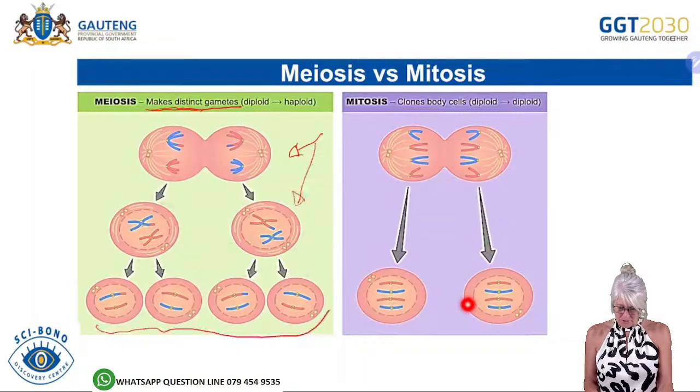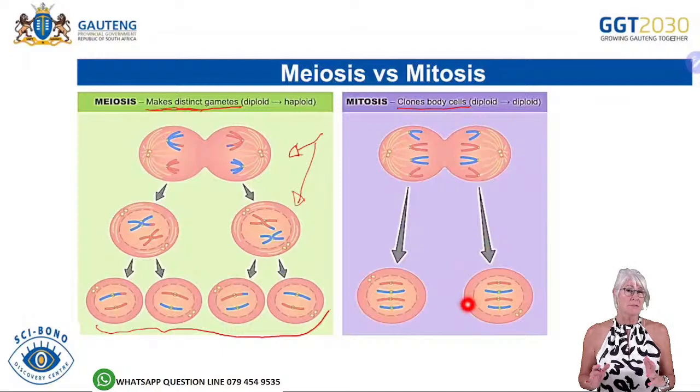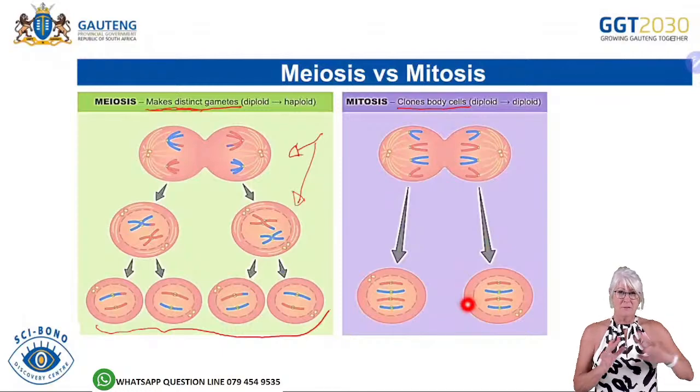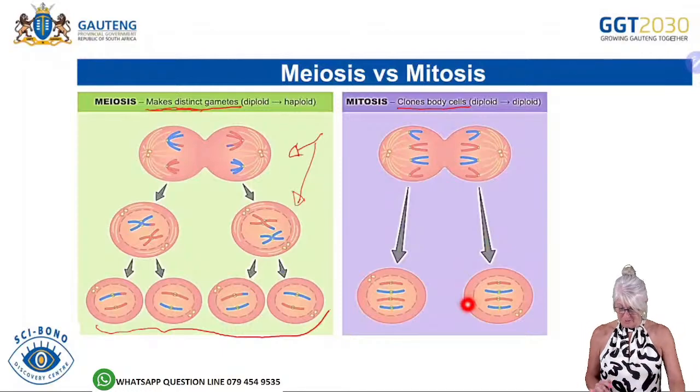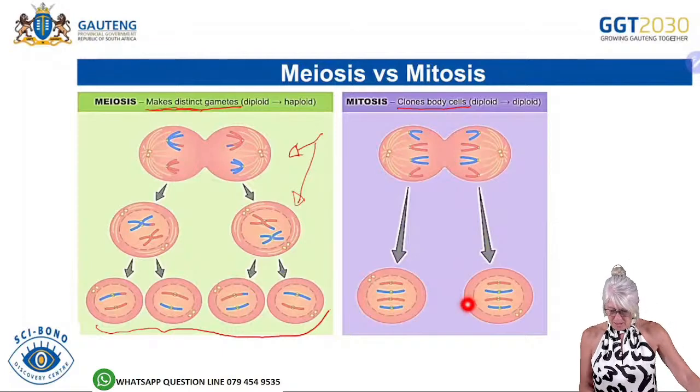If we look at mitosis, basically we're cloning body cells, and I'm sure you all know the term clone. Sometimes when we've got lots of things happening, we'd like to clone ourselves, so that we can send the clone to do something that maybe we don't like to do. So in mitosis, we're basically making new cells.